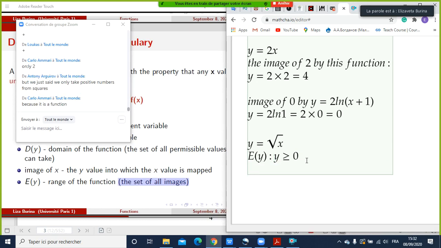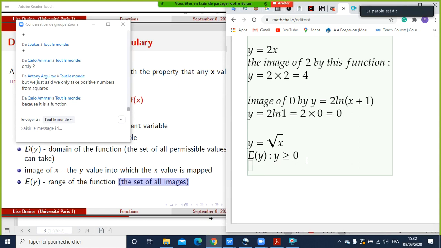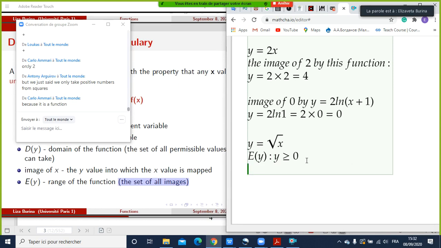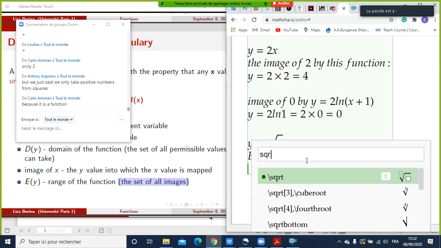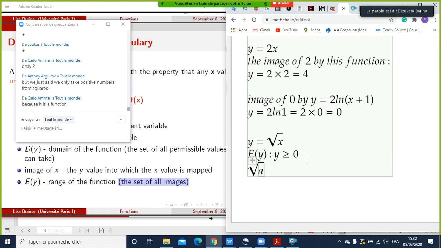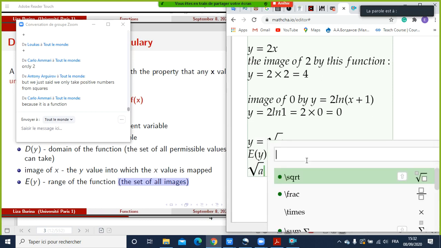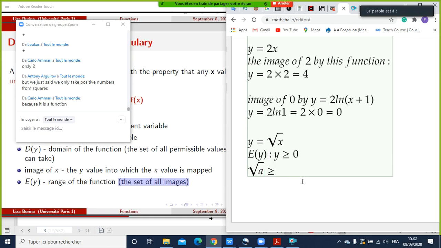Well, this is not even because it's a function. Something that is a square root of a number is non-negative. Okay?